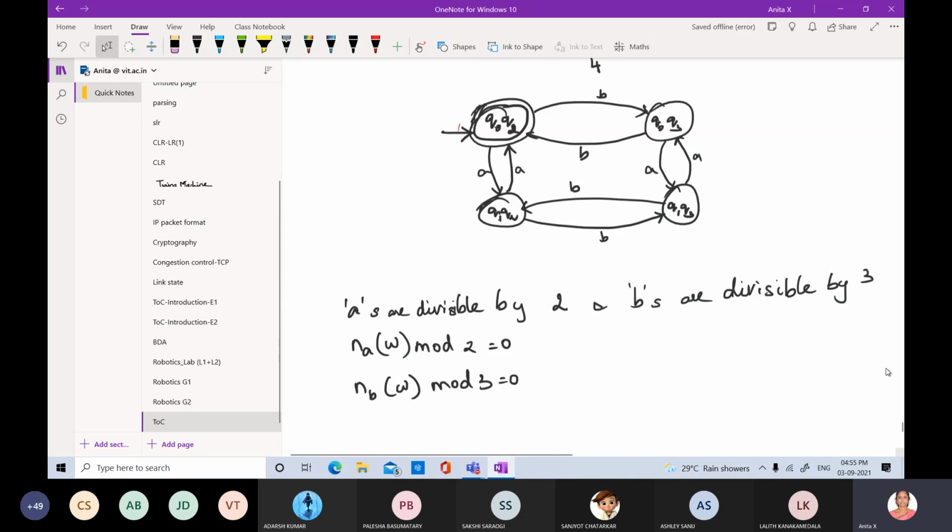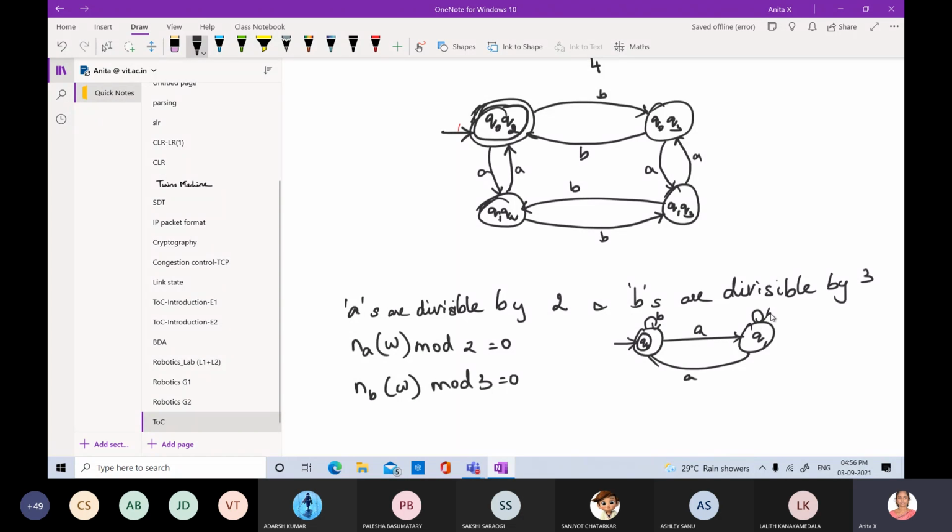So n of A, that is the number of A's in the word mod 2, is the same one we have already discussed, right? So that is Q0, Q1, and A. Only if the number of A's is a multiple of 2 will it be accepted, right?